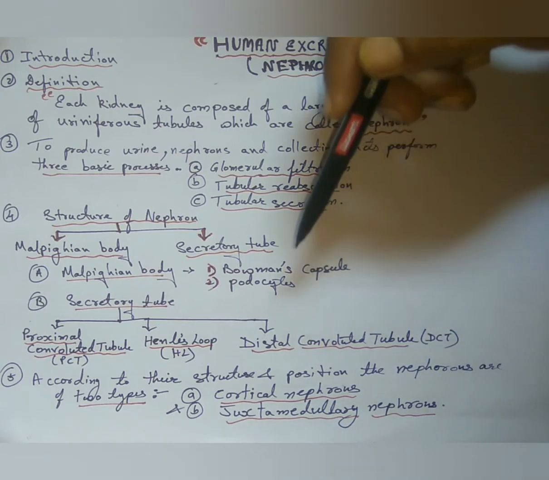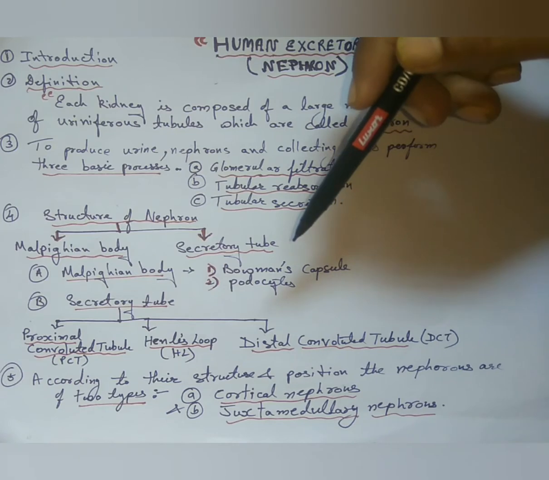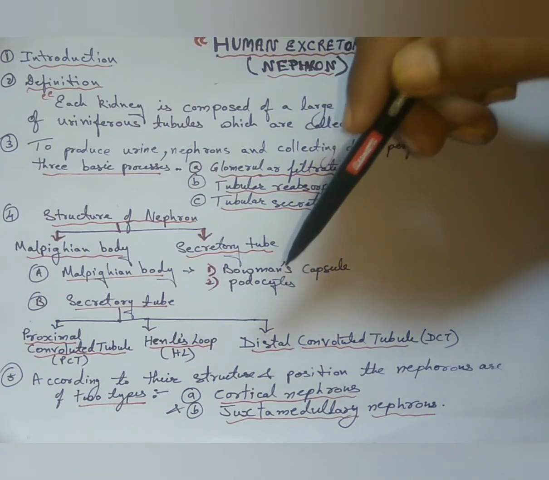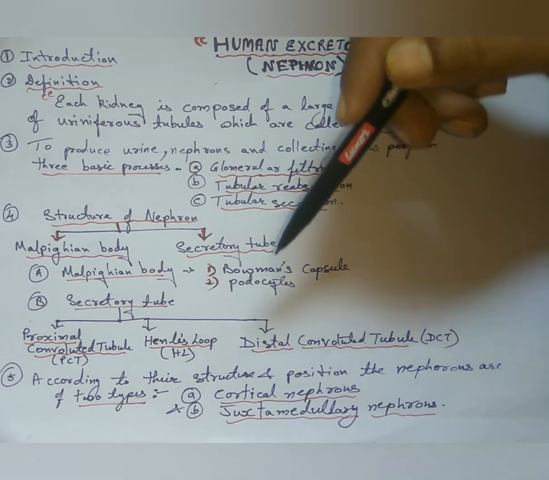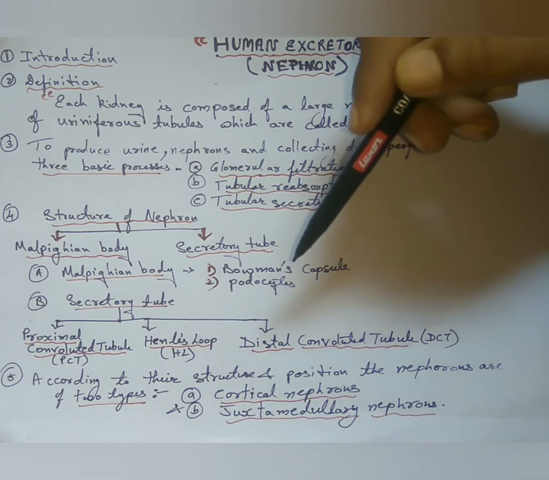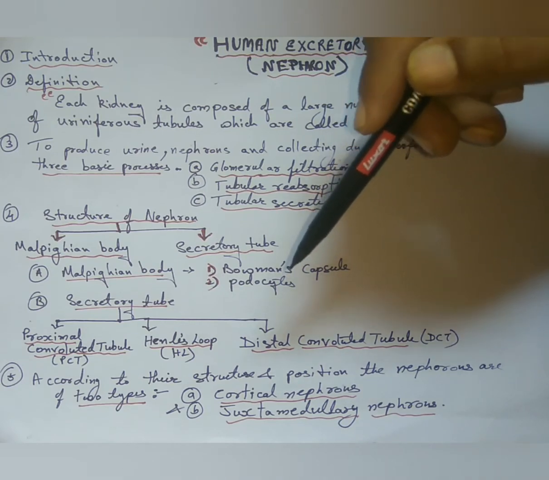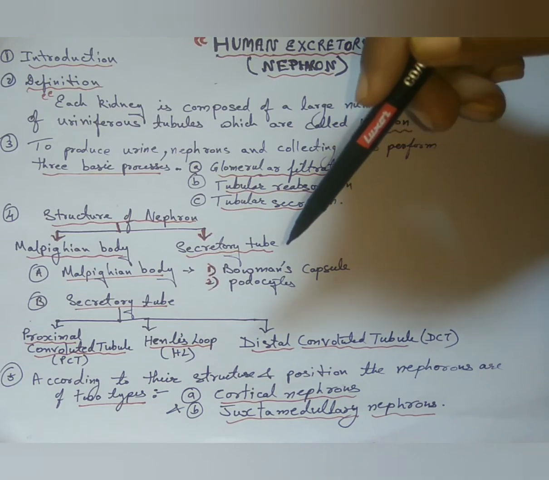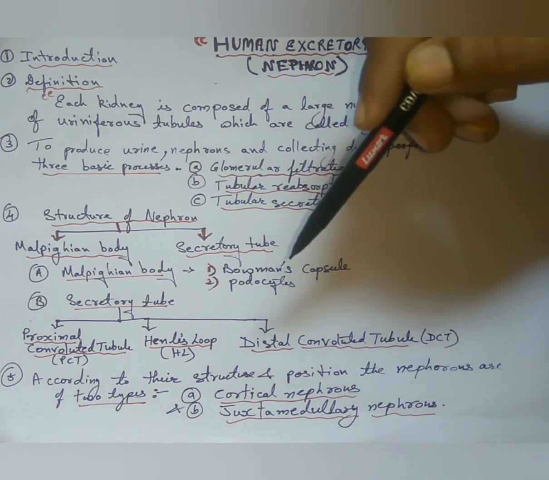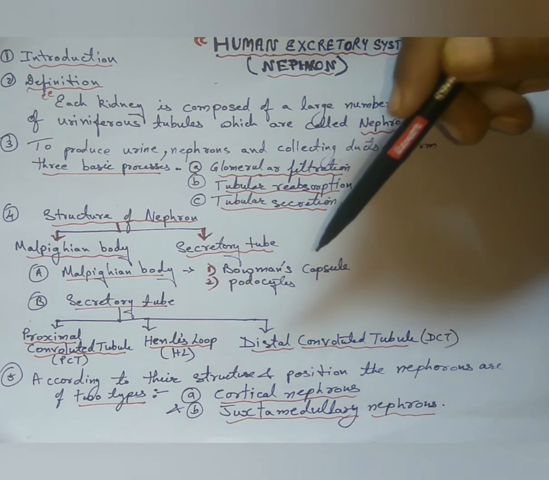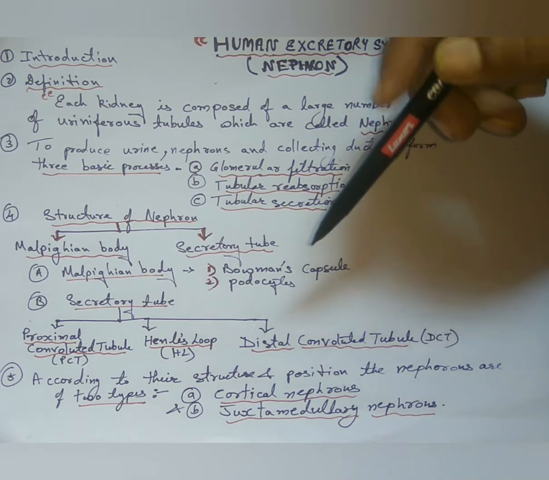Each glomerulus is formed by the union of afferent and efferent arterioles. The afferent arteriole brings the blood into the glomerulus, while the efferent arteriole carries the blood from the glomerulus. These capillaries have a high hydrostatic pressure, about 60 mmHg. The glomerular capillaries are covered by epithelial cells.